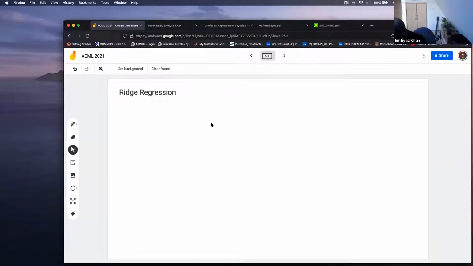So we're going to do the ridge regression example, and let me write the loss function for ridge regression. You may know this already. Suppose you have outputs y, let's call them y1 to yn. These are scalar observations.